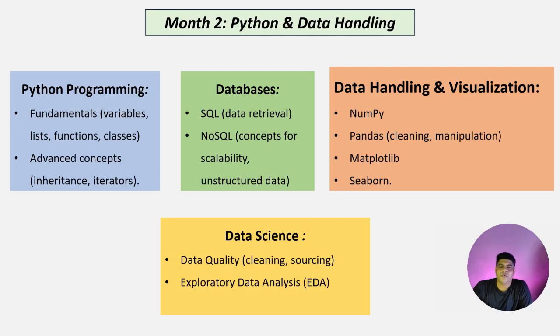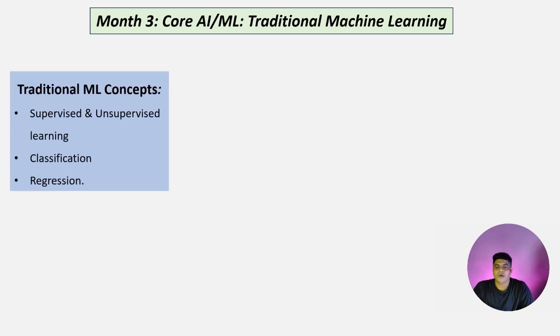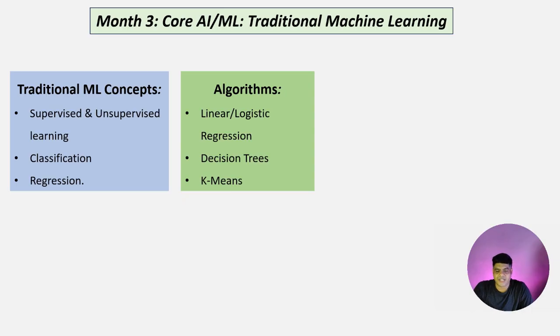You should also have a good understanding of data science concepts, on how you can clean data and perform exploratory data analysis activities. Month 3 is where you will start learning about traditional machine learning. Understand what is supervised and unsupervised learning, what is classification, regression.